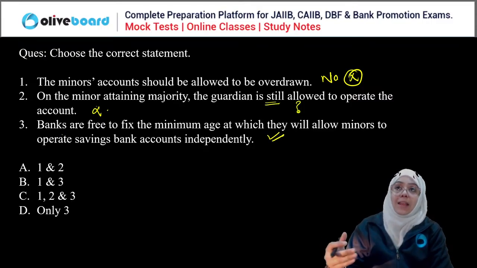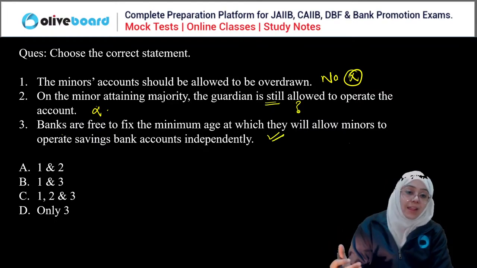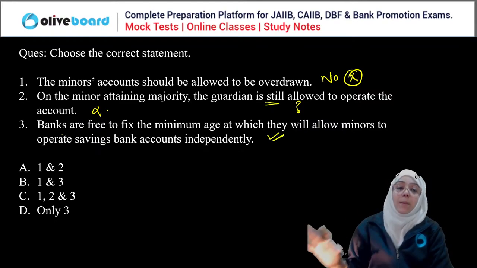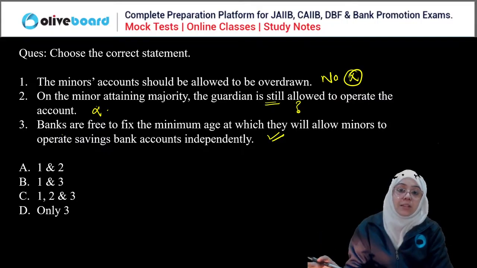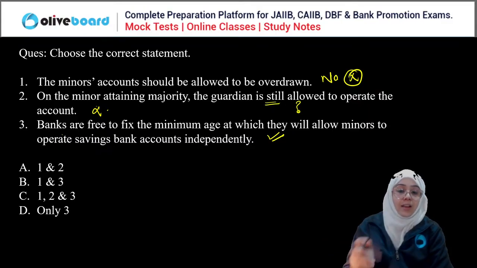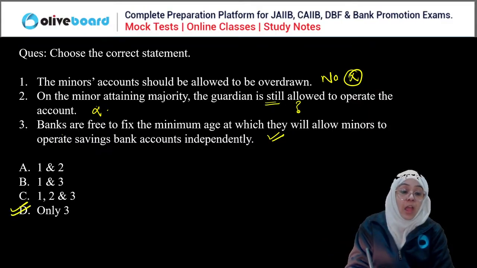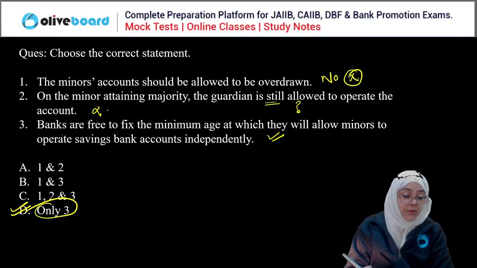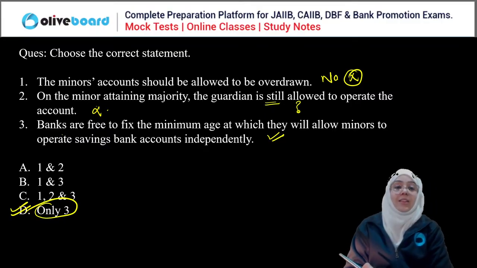Normally they give a base age, but banks are free to fix the minimum age at which they allow the minor to operate the saving account independently. So the third is the correct answer, and the first and second are incorrect statements. So D is the correct statement here.